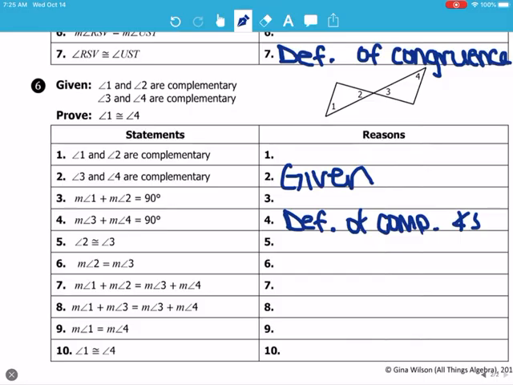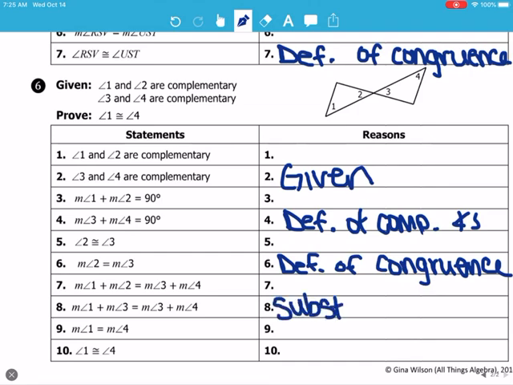I think I'm just going to do all the evens for you guys. So then definition of congruence for 6. Eight is substitution. And lastly, 10 is definition of congruence again.